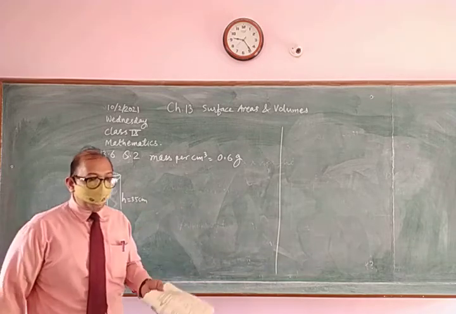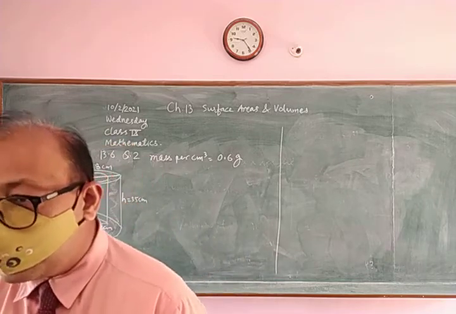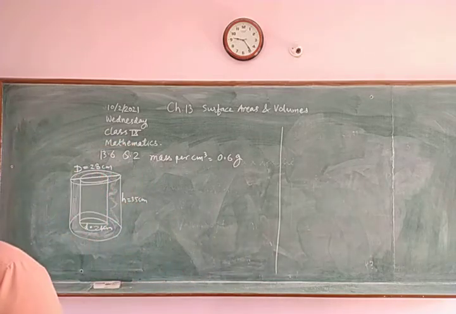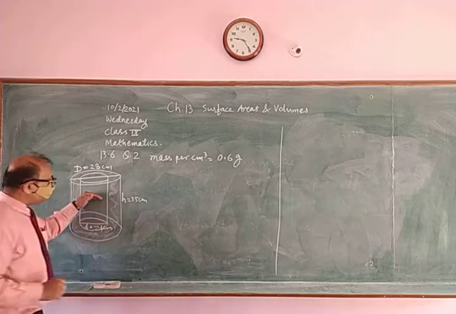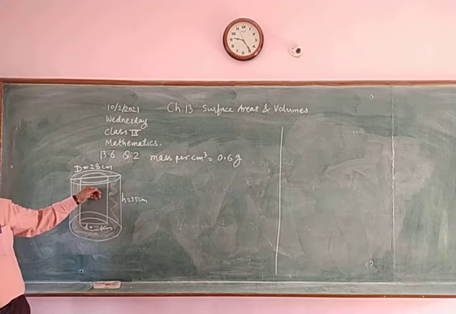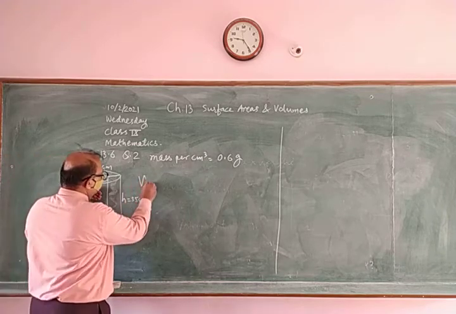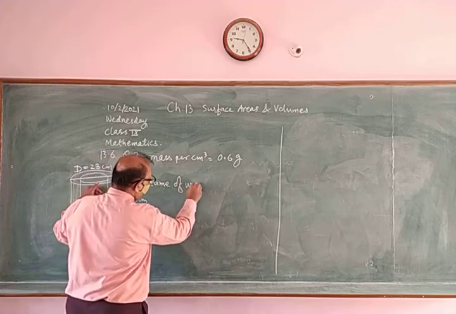To find the mass of the pipe, first we have to find the volume of the wooden part. To find the volume of the wooden part, we use the second formula, the volume of the wooden pipe.